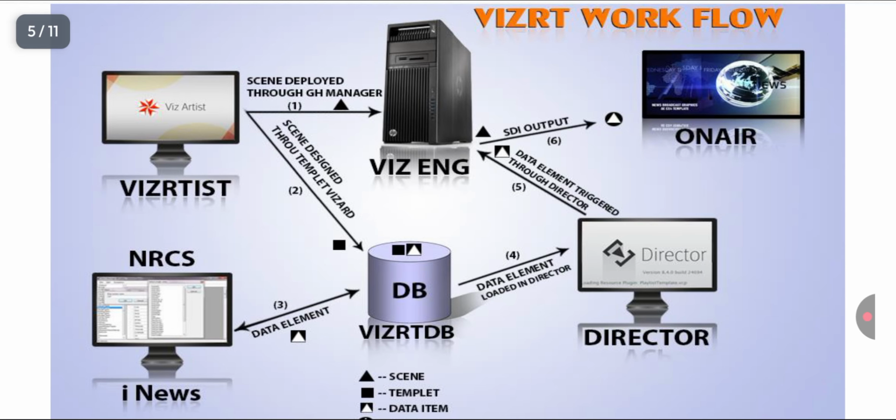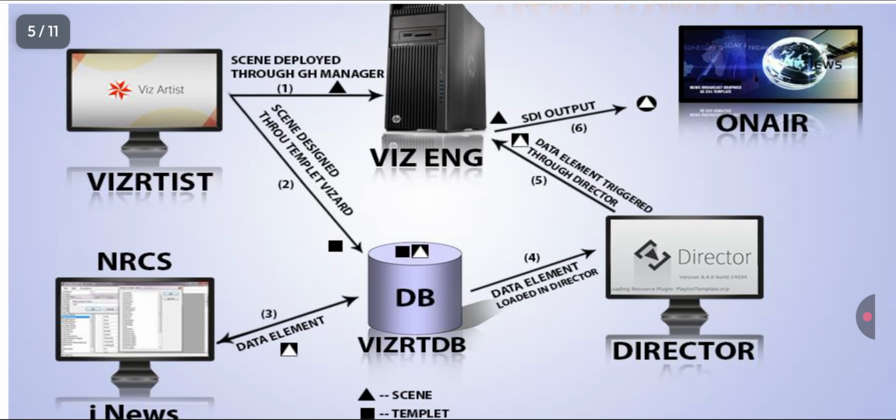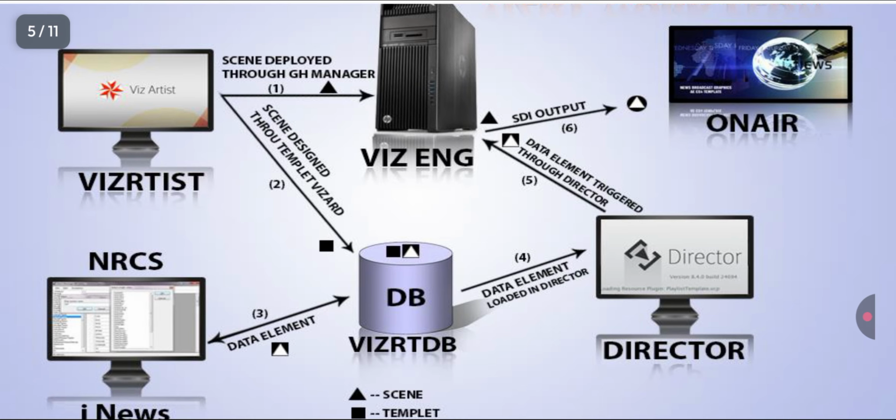The second is your square, and that is your template. So Viz Artist does two jobs. One is scene deployed through GH Manager, and the second one is scene design through Template Wizard, and which goes towards the DB.